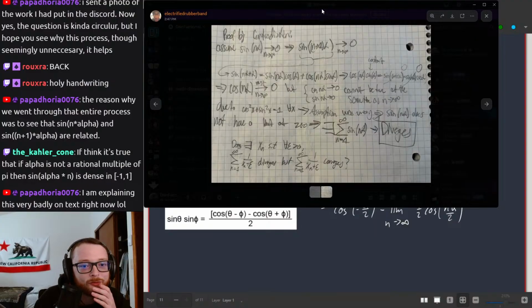It feels like you're just stating the conclusion you want, but I don't see how it's justified. Oh, it's the next line because you square them and add them. Oh, that's clever. Okay. Ooh, that's a cool argument.